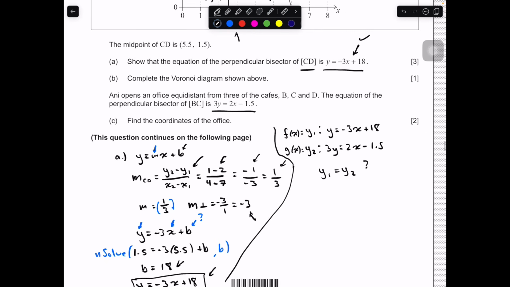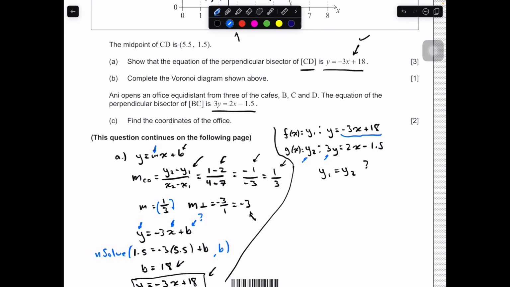Now this is going to be somewhat tricky because y1 already has y on one side, but y2, this second equation, is in terms of 3y. And so that makes it tricky because we can't equate them to each other, not until we make a certain move. And I'll show you what that is.